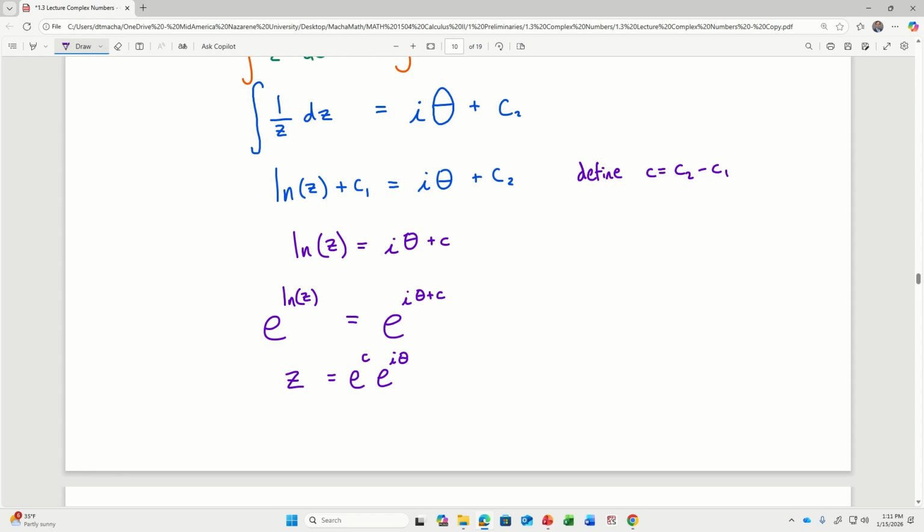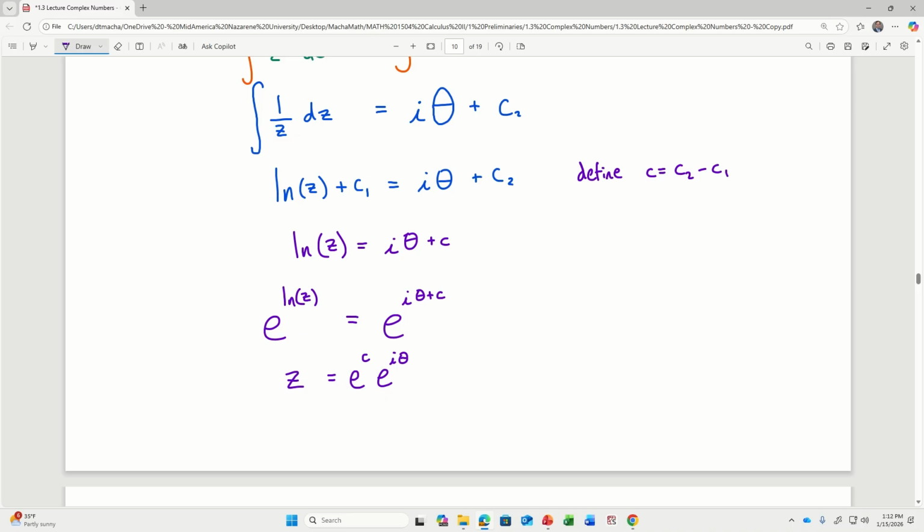Well, remember, C1 and C2 could be any old constant because they were just coming up from the antiderivative. If I take a derivative of a constant, it goes back to 0. So C1 can be whatever we want. C2 can be whatever we want. That means if I'm taking their difference, it can be any real number that I want. E is just a number, just 2.71828, blah, blah, blah.